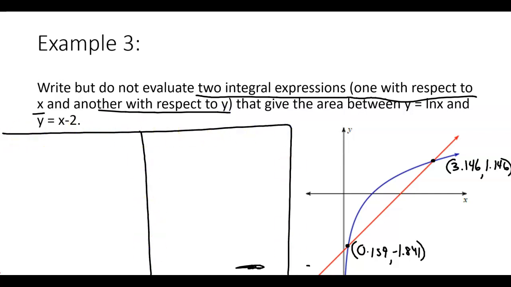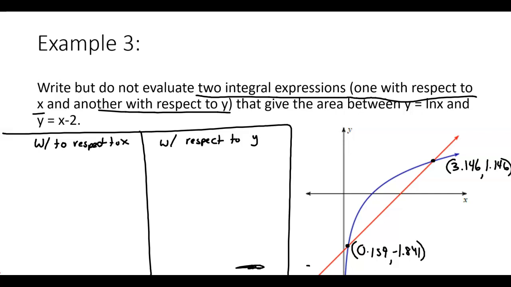One is going to be with respect to x. The other one's going to be with respect to y. And we're going to find the area. Why are we doing this? Well, they would give you the same answer, just so you know.